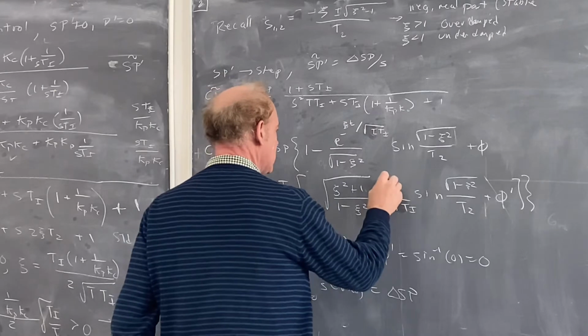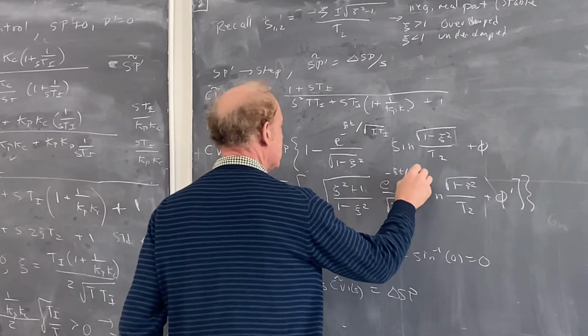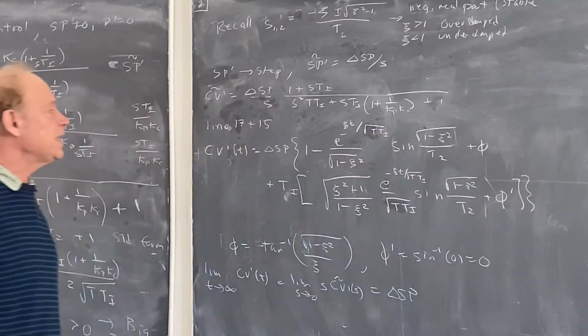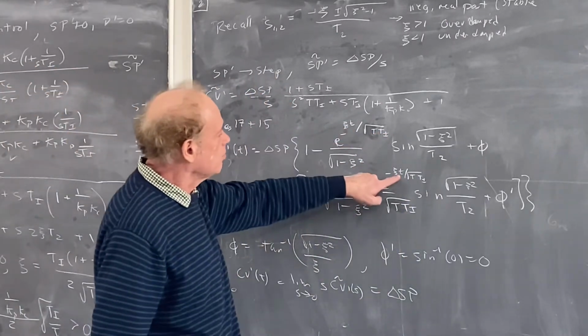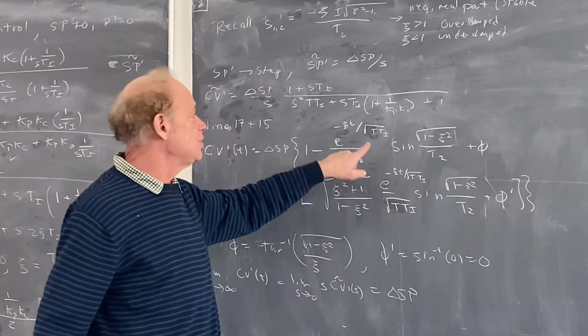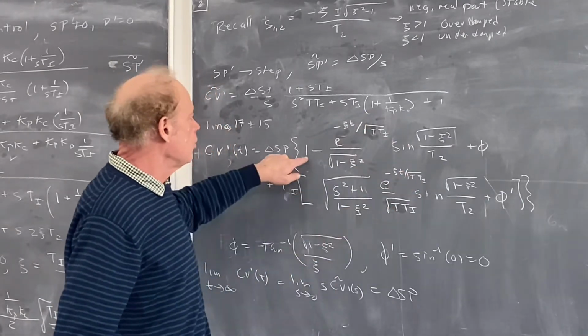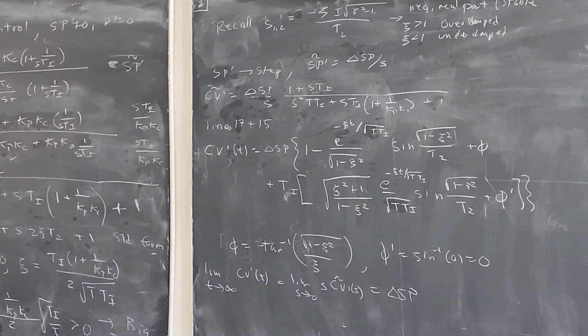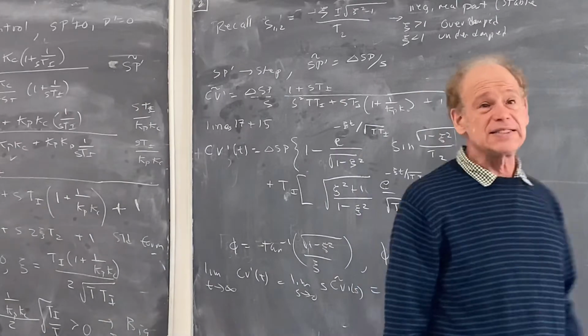They should have been e to the minus ct over root TTI. So we can notice that both this term and this term, as t goes to infinity, are negative exponentials, so these two terms go to 0, and the only thing left is the 1, so I get a delta SP. So that's kind of neat. That's exactly what I want.